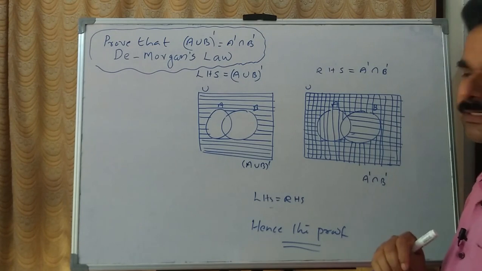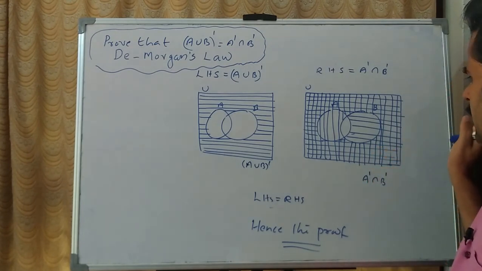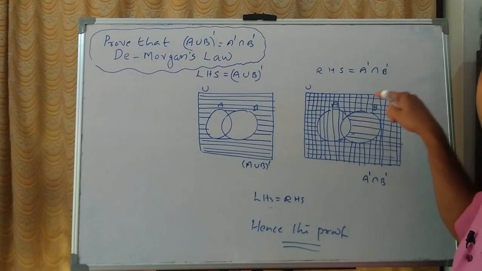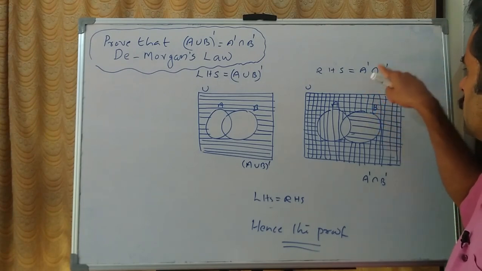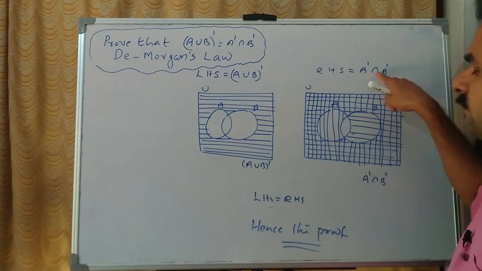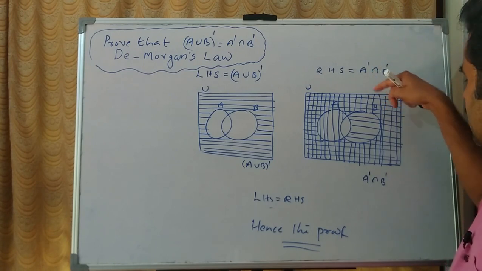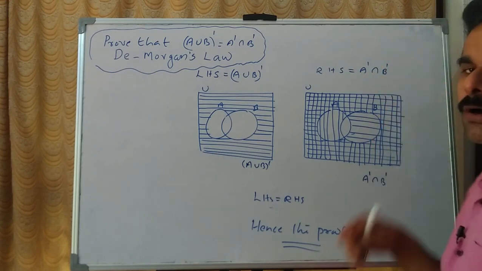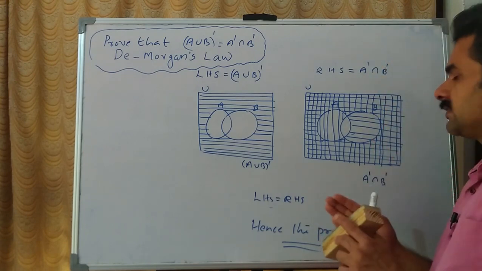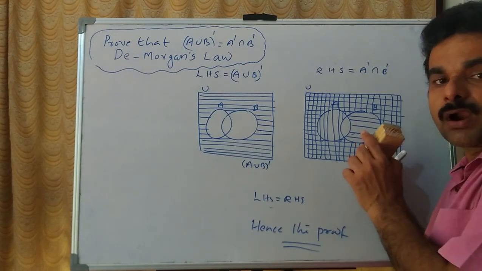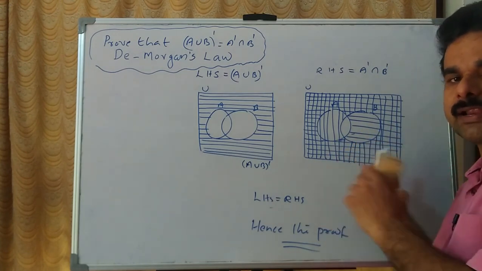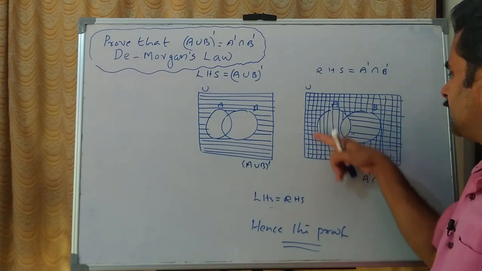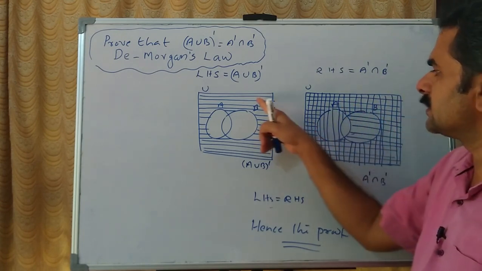Then look at the common part. Common part is the intersection, which we have to find out. Intersection means the common part, the area included by both horizontal and vertical lines. Here horizontal and vertical lines can be seen in this part, which is similar to this part.